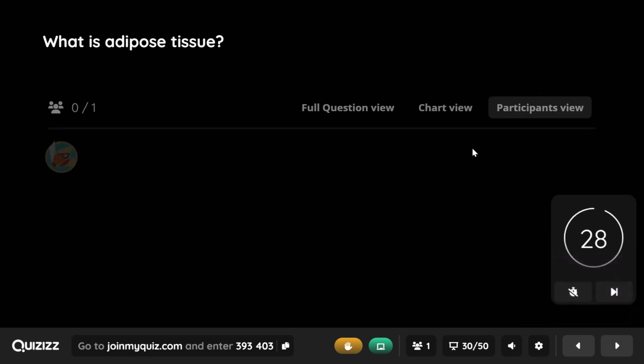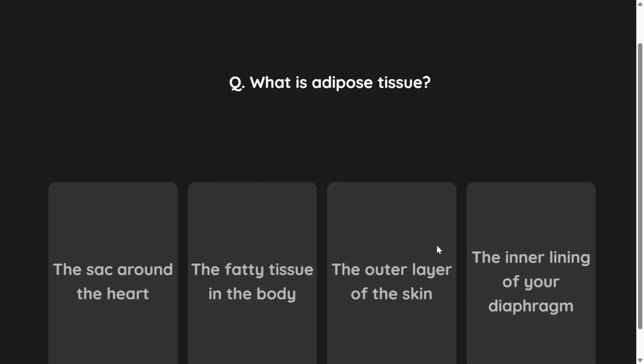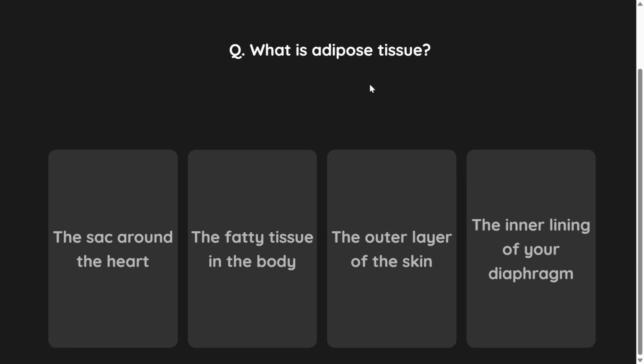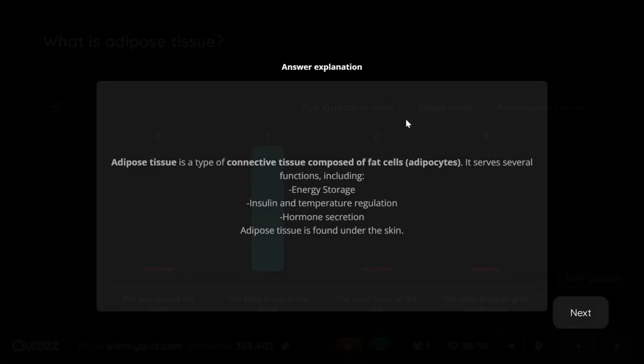What is adipose tissue? Is it the sac around the heart, the fatty tissue in the body, the outer layer of the skin, or the inner lining of your diaphragm? Again, what is adipose tissue? If you said the fatty tissue in the body, then you are 100% correct, okay?